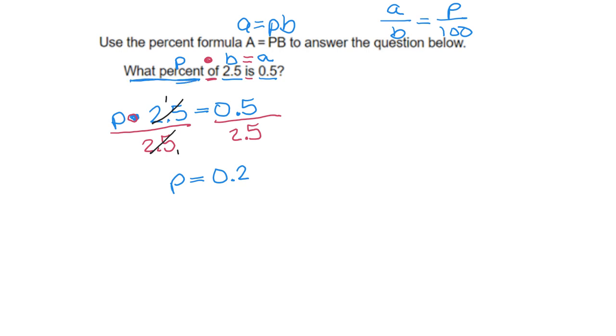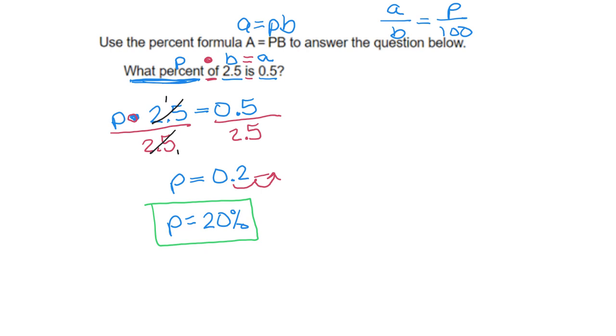It's saying what percent. So we still need to take this and translate it into a percent. So we need to take this decimal, move it 2 places to the right, add a 0 and a percent symbol. So P is equal to 20%. So 20% of 2.5 is equal to 0.5.